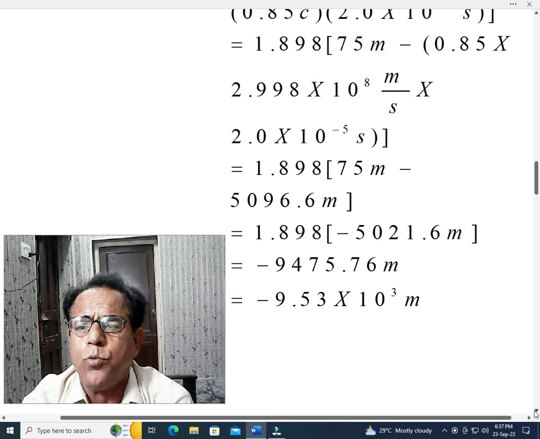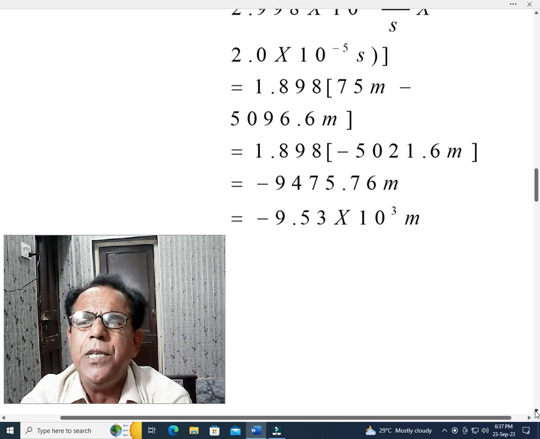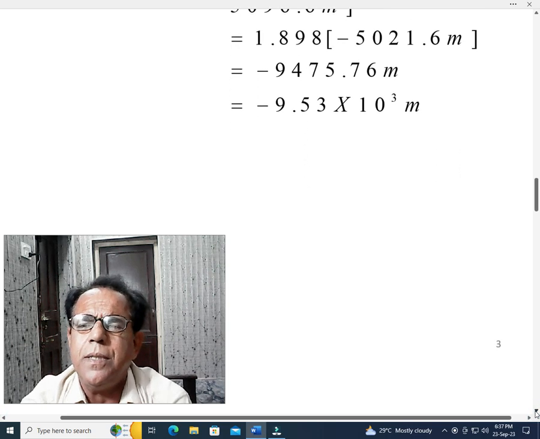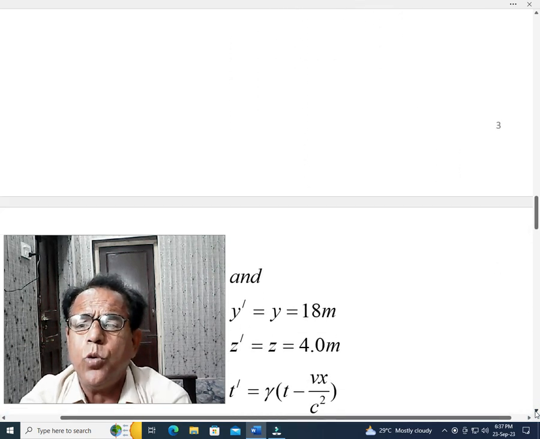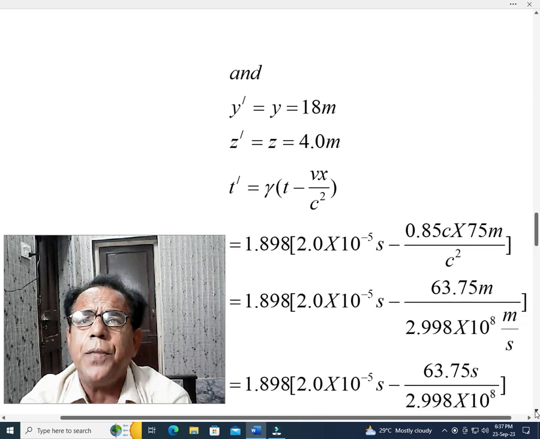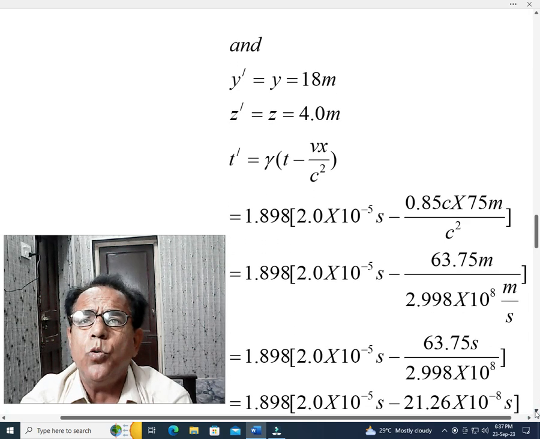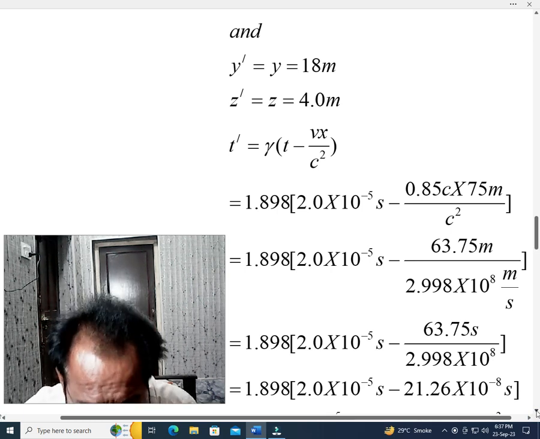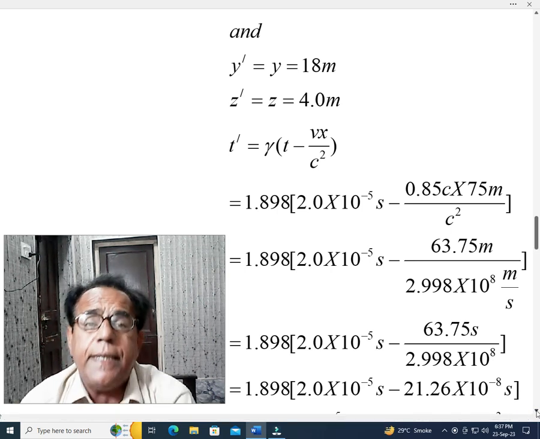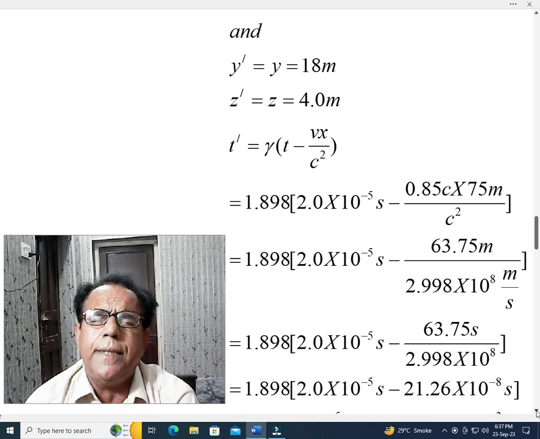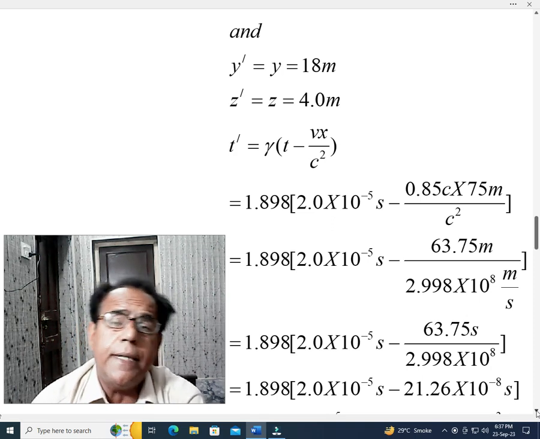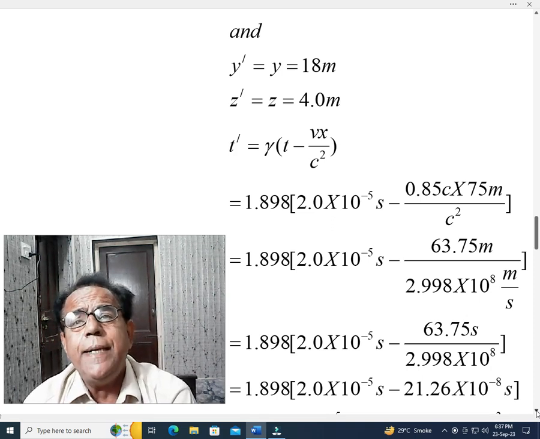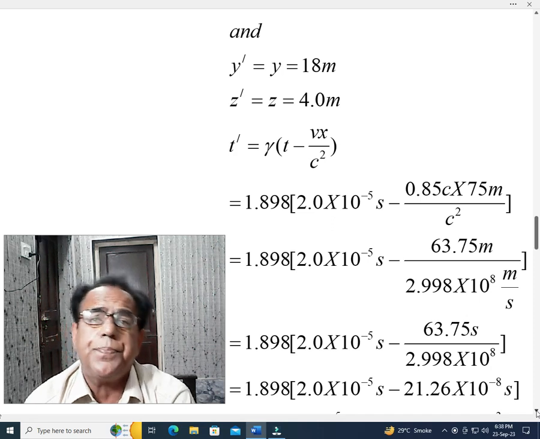We can also call it kilometer, but no need for kilometer. It is quite okay in this form. We had shown in the three snapshots that the y and z coordinates do not change. The y coordinate does not change, the z coordinate does not change. So y dash and y are equal.